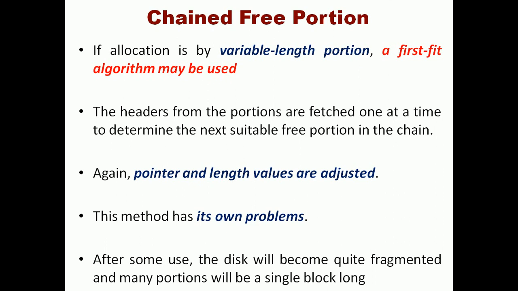For a variable length portion, a first fit algorithm may be used. The pointer and length values are adjusted to make use of the freely available list. So this method has its own problems.